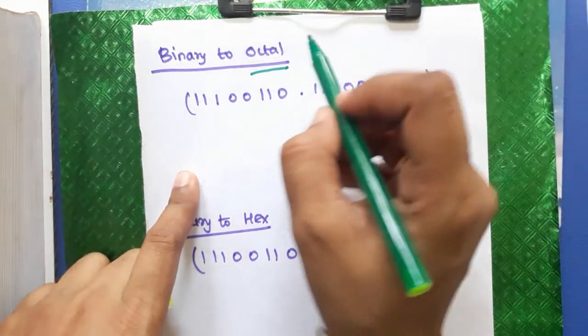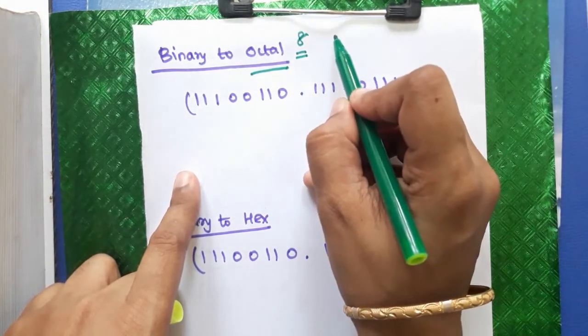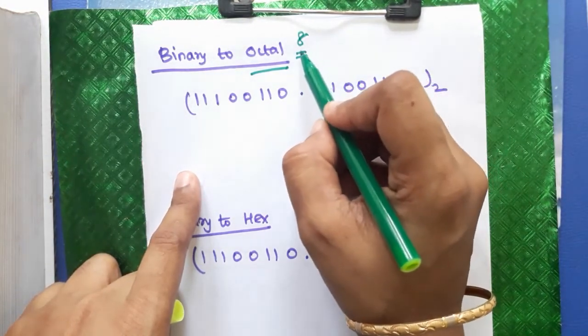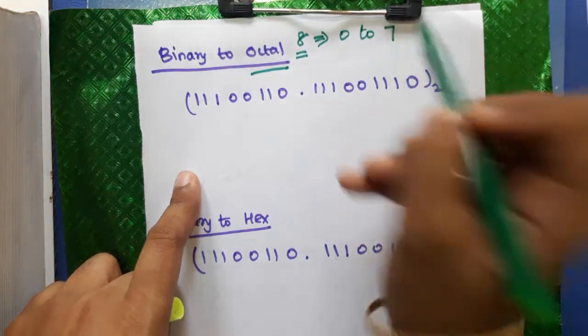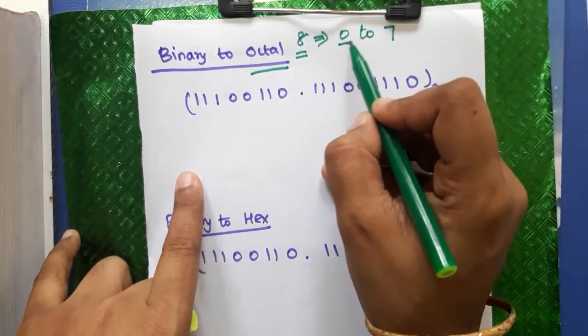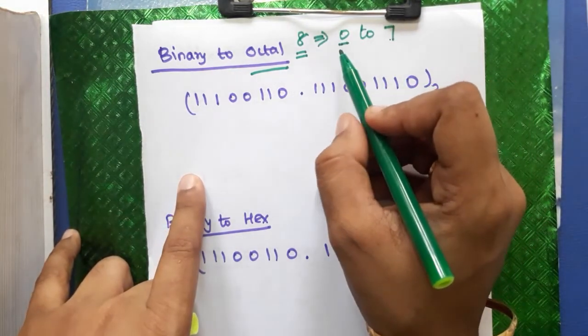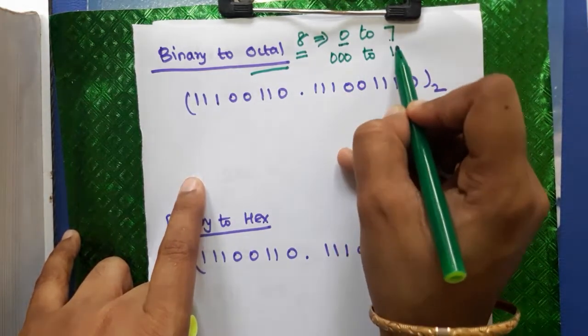Fine. Octal means 8. 8 has distinct numbers 0 to 7. So for each from 0 to 7 I require just 3 binary bits to represent them, from 000 to 111.